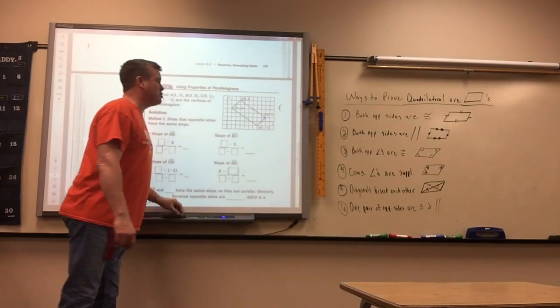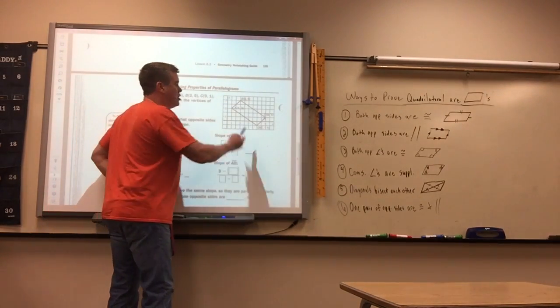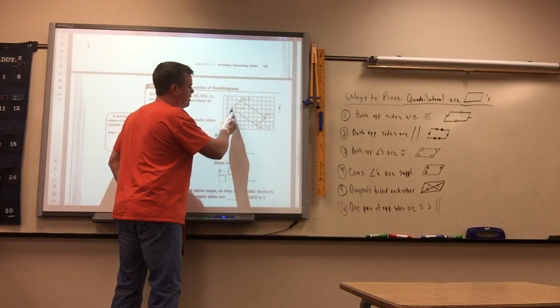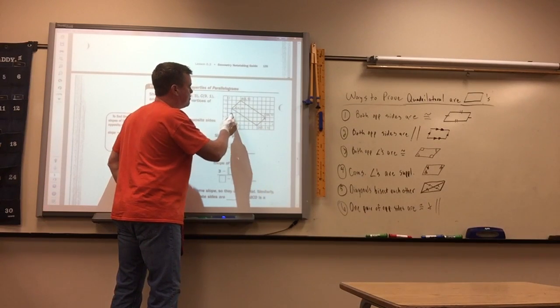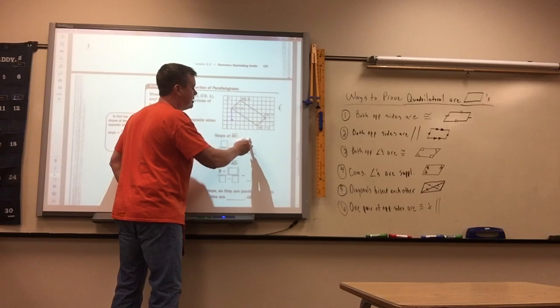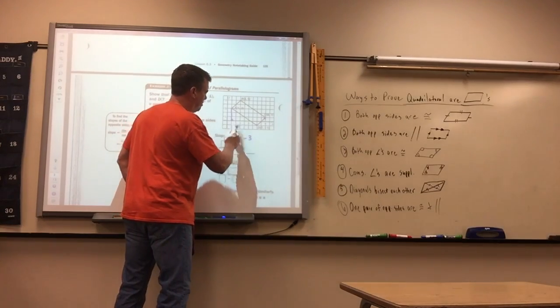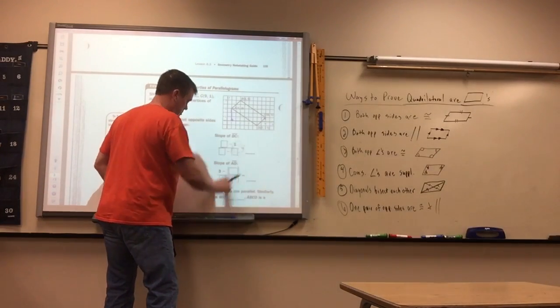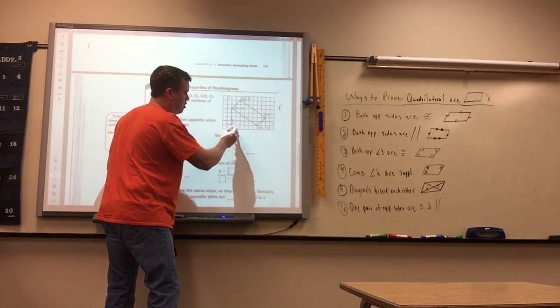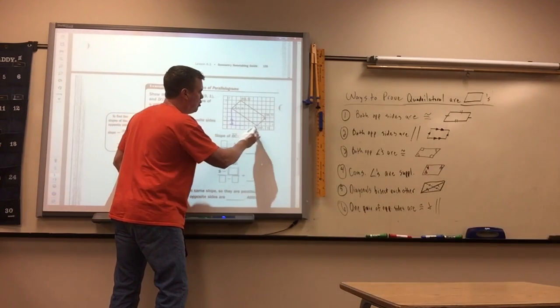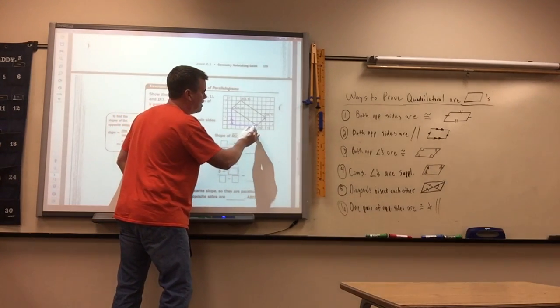Remember, slope is rise over run. So you could start at either point. To get from A to D, I'd have to go down 4, and over 1, 2, 3, 4, 5, 6.